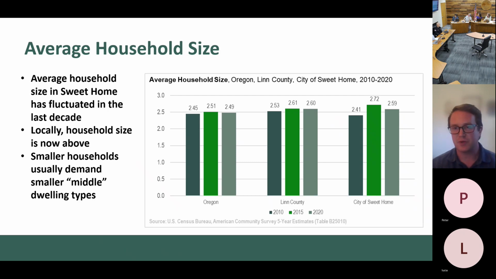So some fluctuation there, starting a little lower, going up to as much as 2.7 people per household, and then more recently down to about 2.6 people per household. So, pretty consistent these days with the way that Linn County looks, and a little above the state as well. So, a pretty healthy average household size, but not too high, not too low. It's a perfect number.